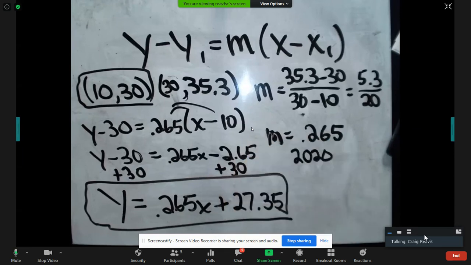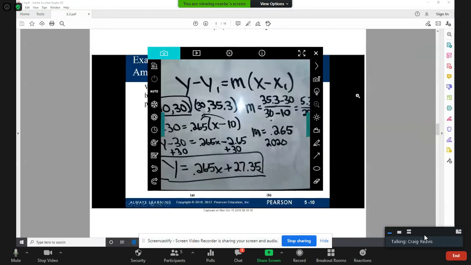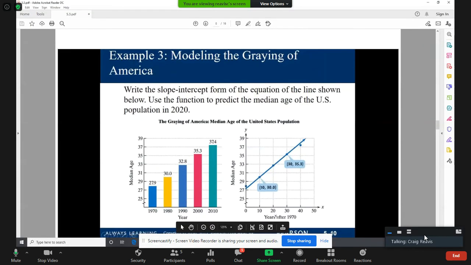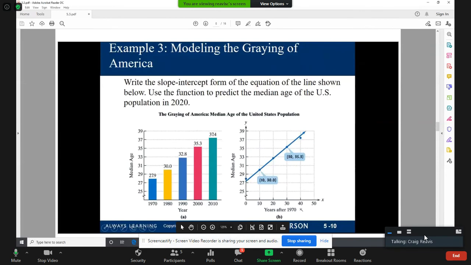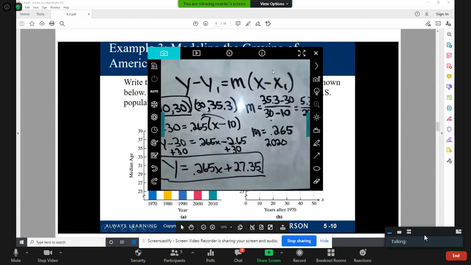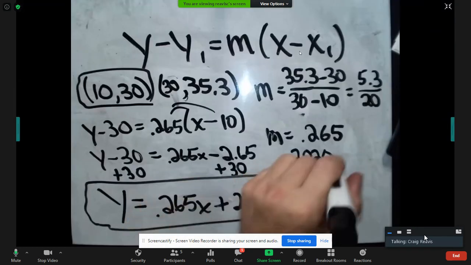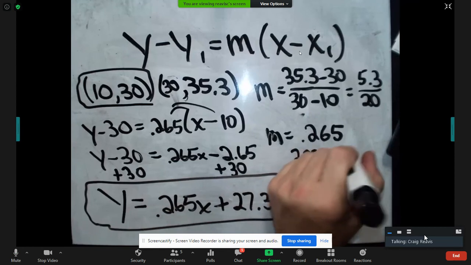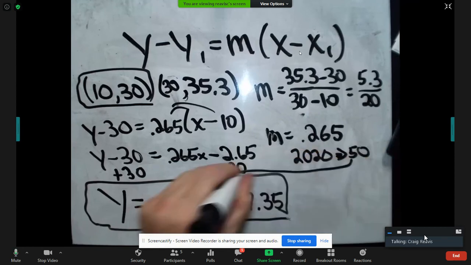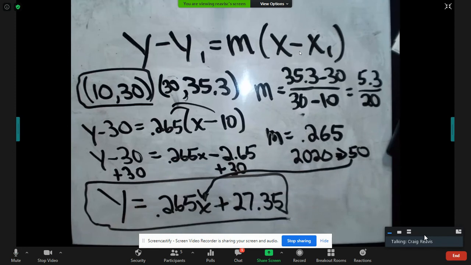We're not going to plug in 2020 because remember on the chart, this was the number of years after 1970. So how many years is 2020 after 1970? 2020 minus 1970 is 50. That's 50.